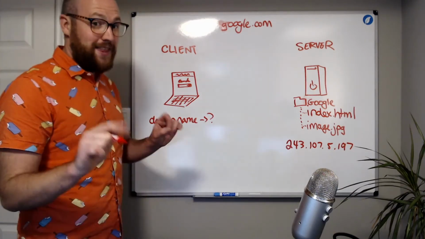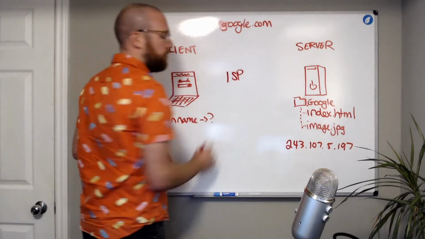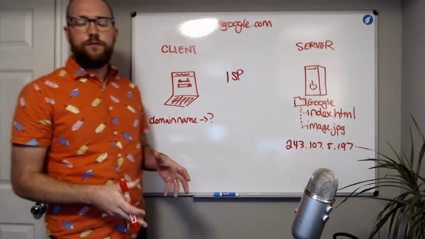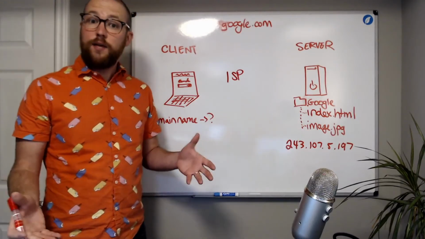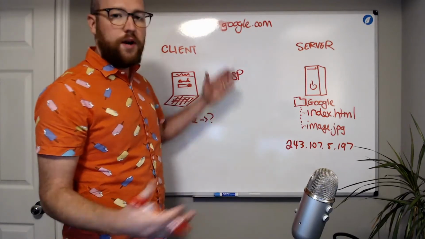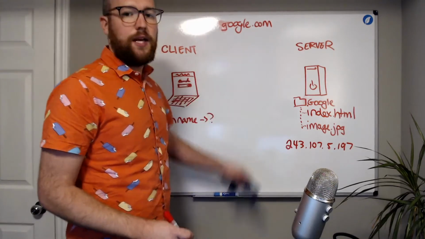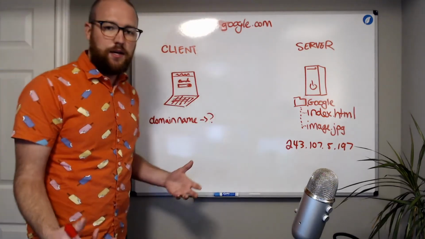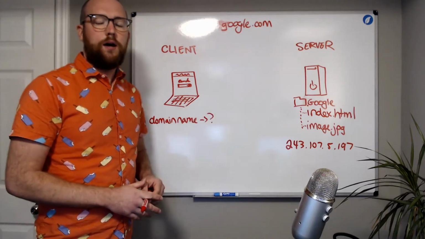Then, if that doesn't have it, it checks your ISP, your Internet Service Provider. Your Internet Service Provider will have a domain cache, so it'll know, hey, that's google.com. If for whatever reason it doesn't have that, it's going to keep looking until it finally gets to the service that has that worldwide domain name cache.